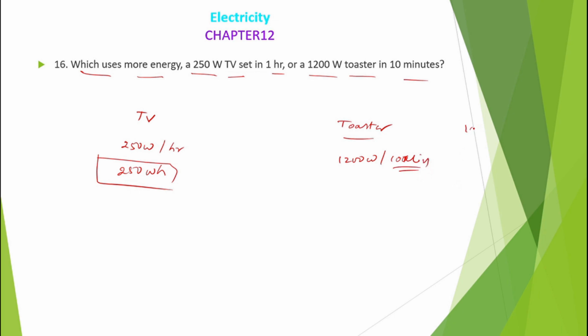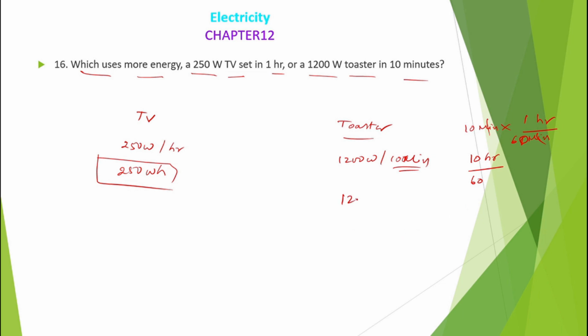That means 10 minutes, so we want to cancel minutes. We want hour. So 1 hour is equal to 60 minutes. So minutes cancel, 10 hour divided by 60.